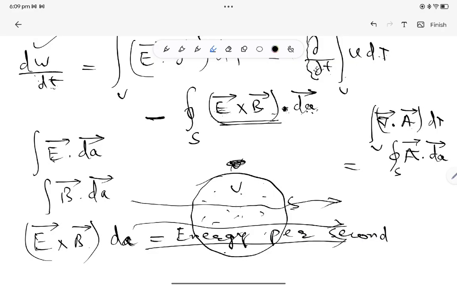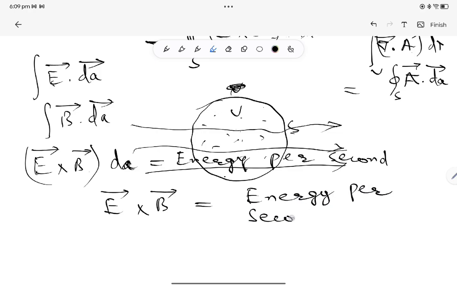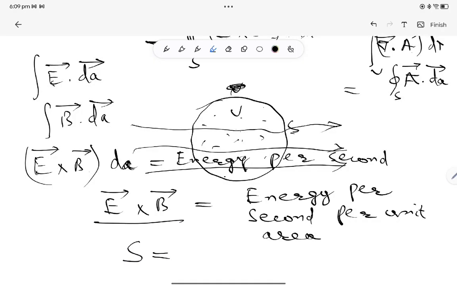Then if you want the meaning of only this E cross B, obviously that is energy per second per unit area. This energy we call energy flux, and this is called the Poynting vector, S. So we denote it by S, and we write S is equal to E cross B.